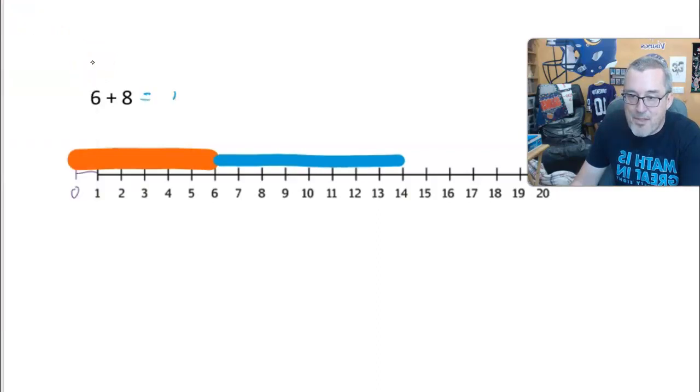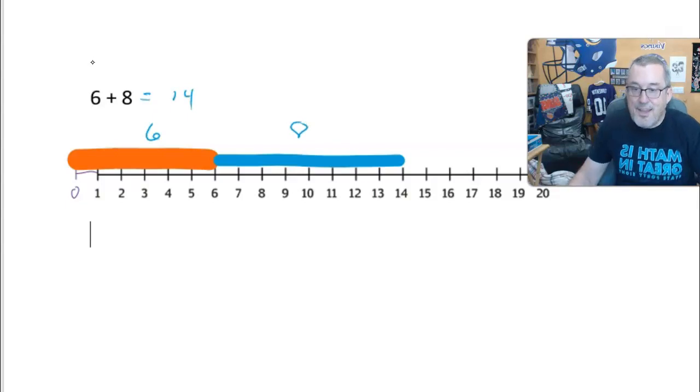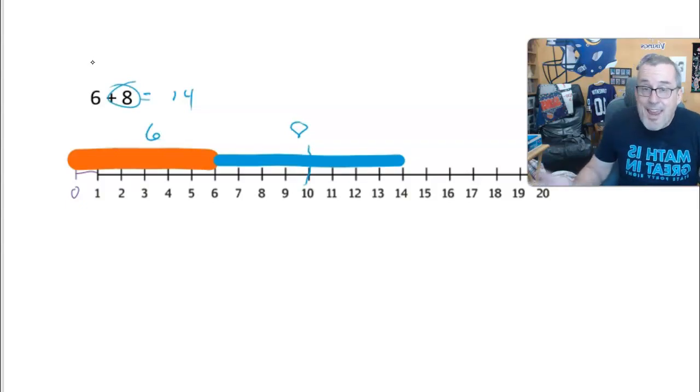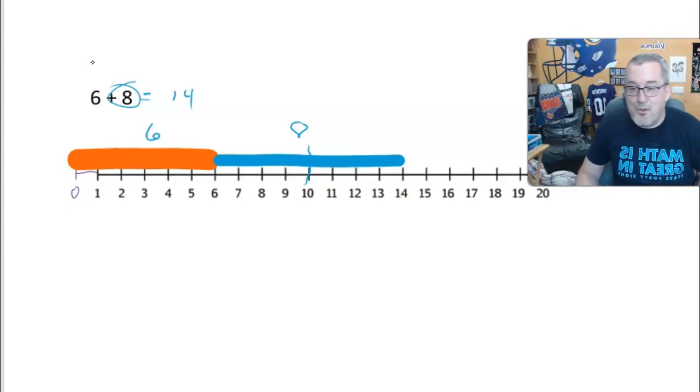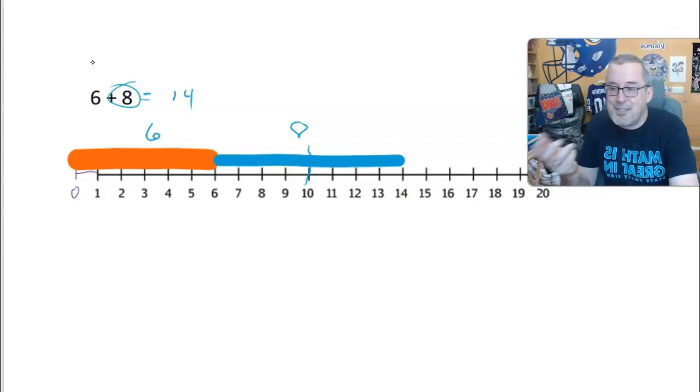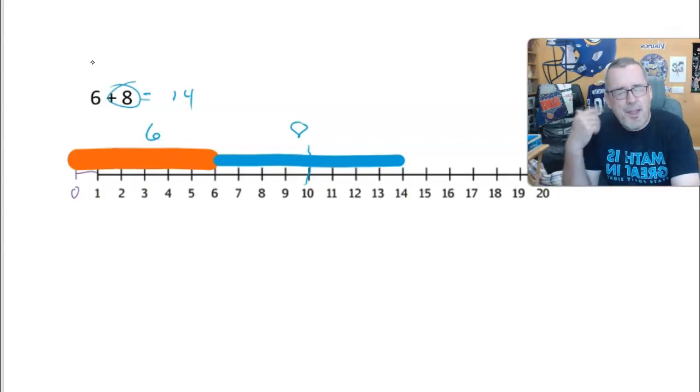And what's nice about this visual is, again, students might be able to see making 10. They might see in their mind's eye starting at 6, and then 4 more gets me to 10. So out of the 8, 4 more gets me to 10, and then 4 more, because I need 8, will get me to 14. And they might be able to see 6 plus 8 is 14, so that's mental math.